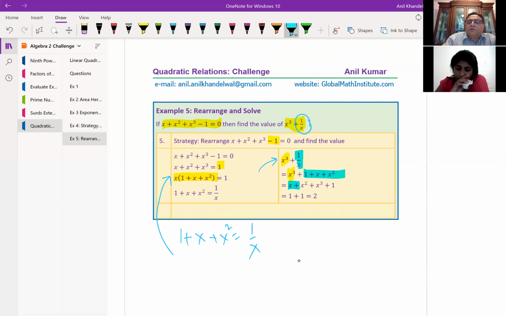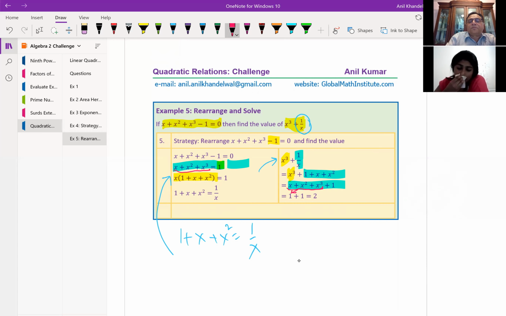And rearranging, I get x plus x squared plus x cubed, right? And we have found that x plus x squared plus x cubed is 1. So for these three terms, I get 1. Do you see that?